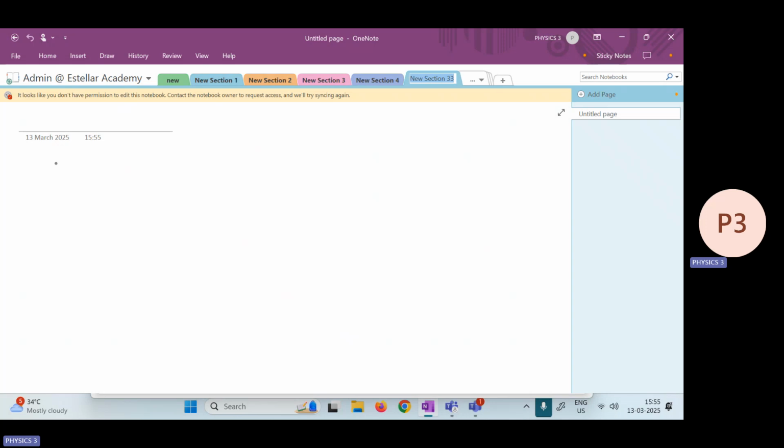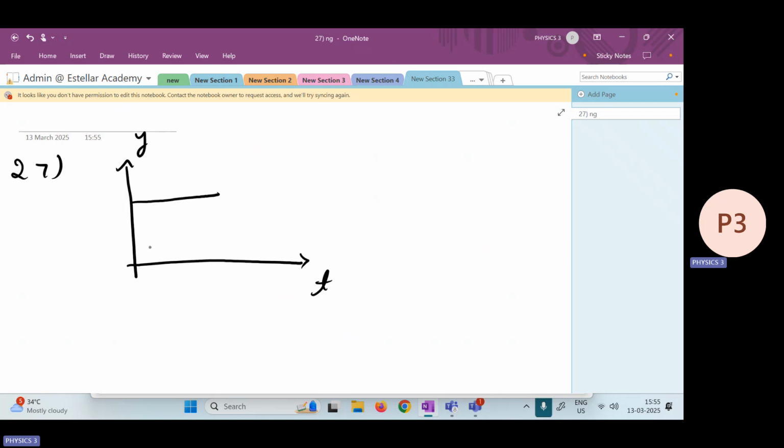Now let's go for the 27th question. The 27th question we have given in the graph shown in the figure, which quantity associated with projectile motion is plotted along y-axis. So if we draw this graph, this is given as time axis, this is y-axis, this graph is given as constant.